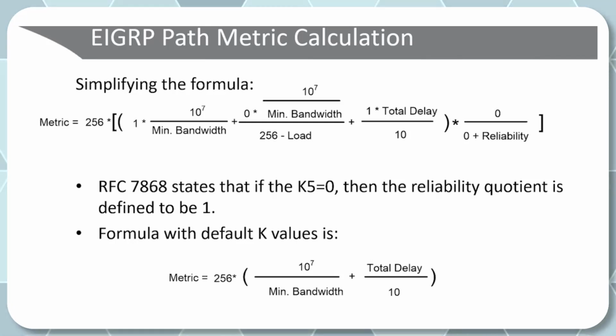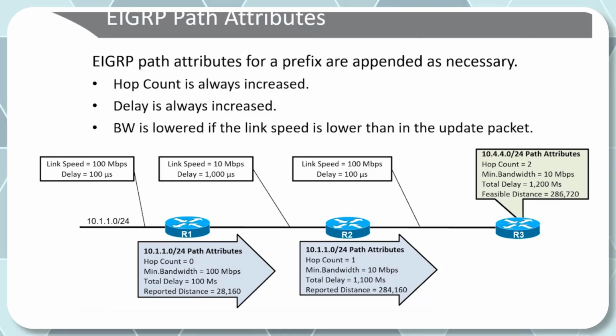Let us discuss more, now the EIGRP path attributes. EIGRP path attributes for a prefix are appended as necessary. Hop count is always increased, delay is always increased, and bandwidth is lowered if the link speed is lower than in the update packet. Now what is the meaning of that?